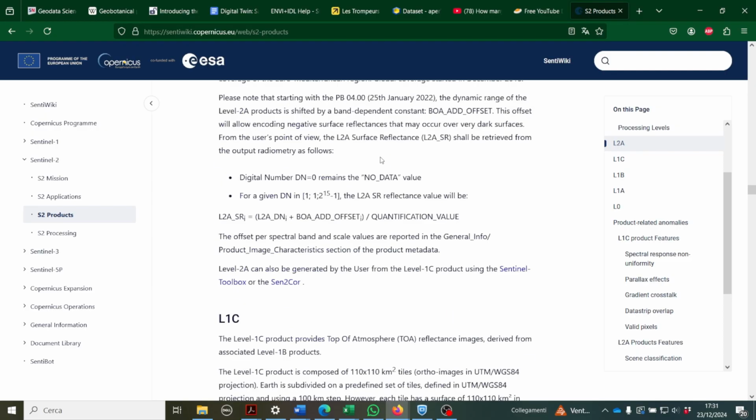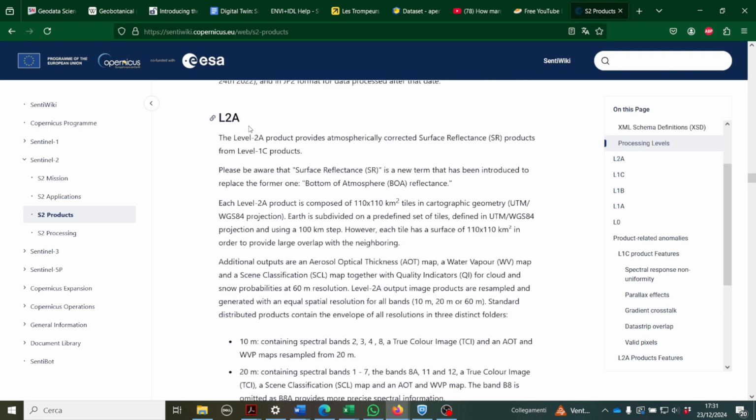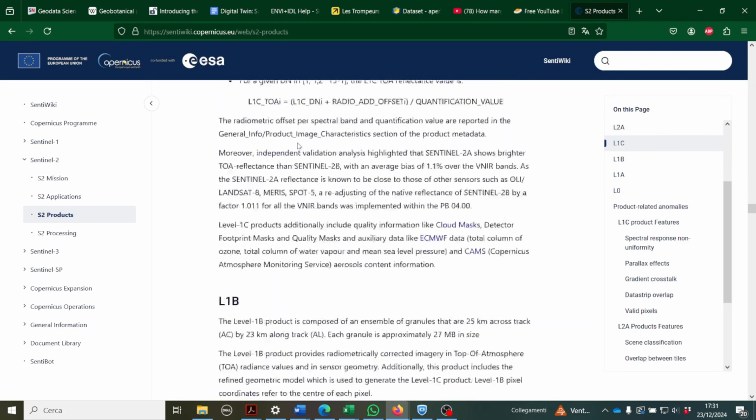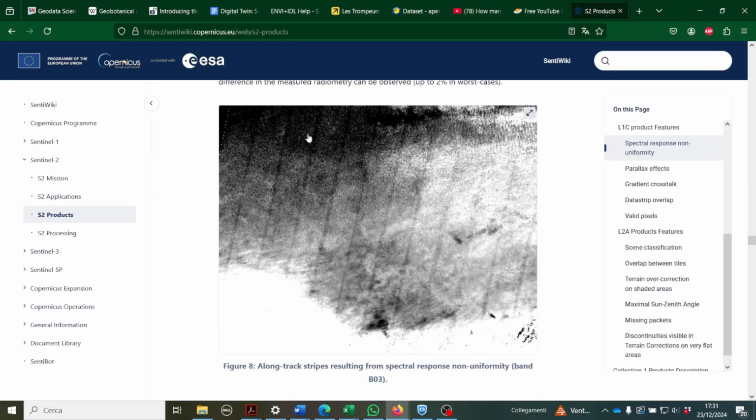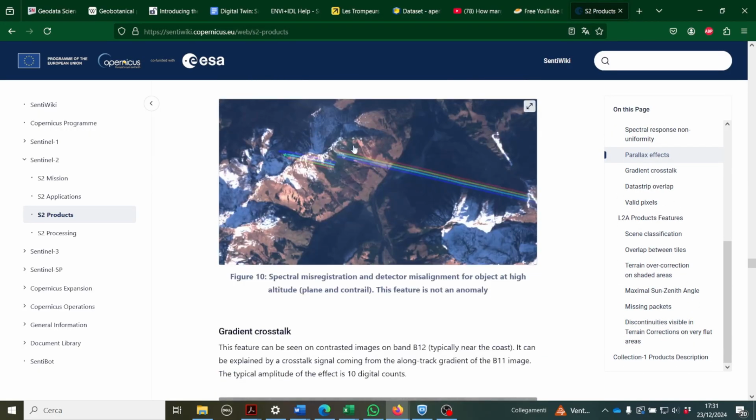In our course, we will always use L2 correction. So this is enough for the description of the data.